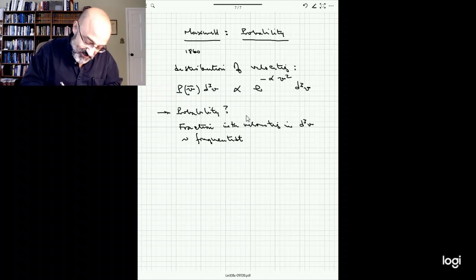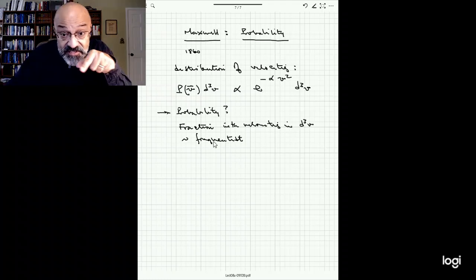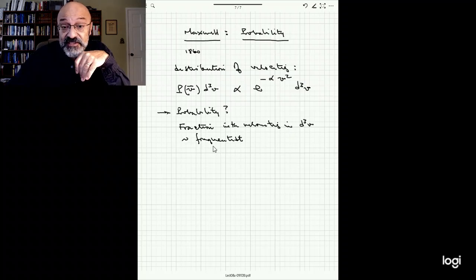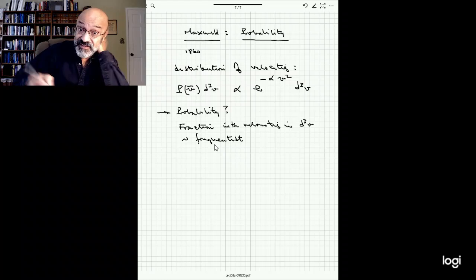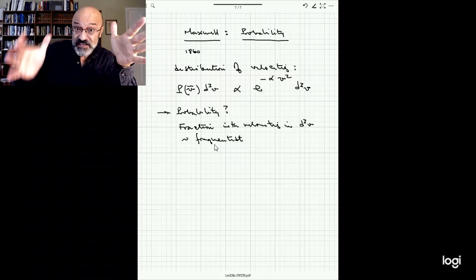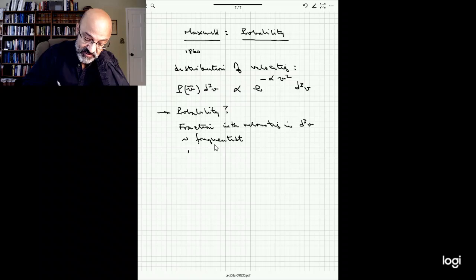If it is the fraction of velocities in d3v, this interpretation is frequentist, and also it's a property of the gas. It's a mechanical property. So this distribution, or this probability interpreted in this way, is a mechanical property.